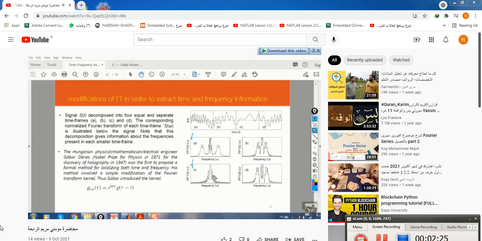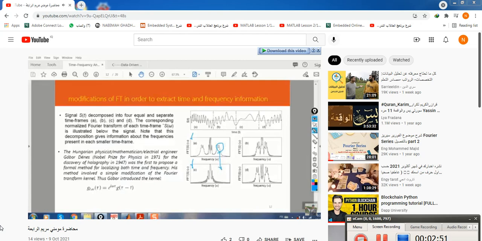If you compare them, you see part A contains higher frequency compared with C. Okay?